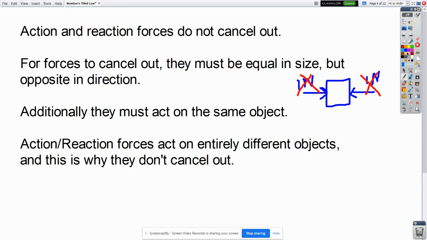What we have with action-reaction forces, on the other hand, are two different objects. On one object, I have a force that is being applied to the right, and on the other object, I have a force that's being applied to the left. They're equal size and opposite direction. This might be a 1 Newton force, that might be a 1 Newton force. But because they're not acting on the same object, those forces will not cancel out.